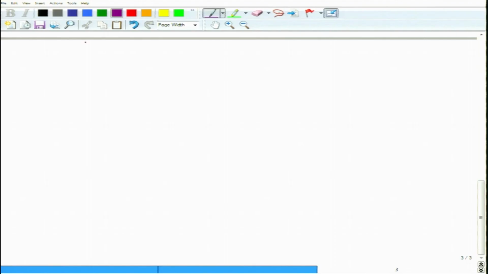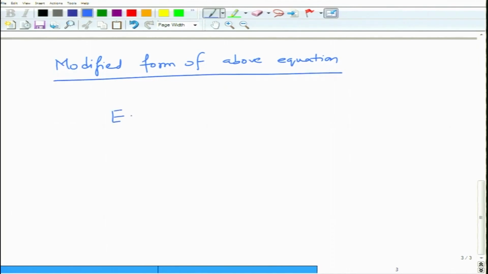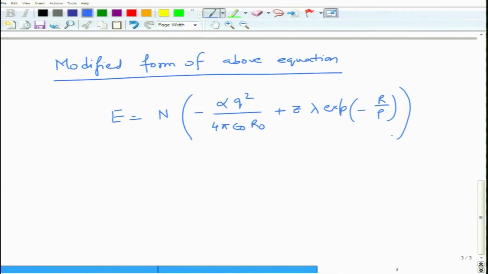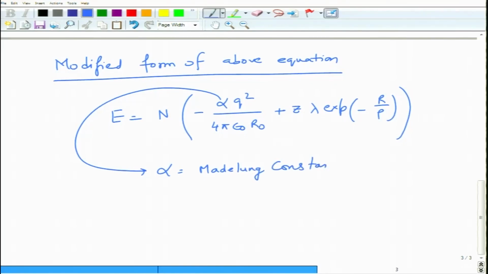So the modified form of this equation is E is equal to N, minus of alpha q square divided by 4 pi epsilon naught r naught, plus z lambda exponential of minus r divided by rho, where alpha is something which is called the Madelung constant.